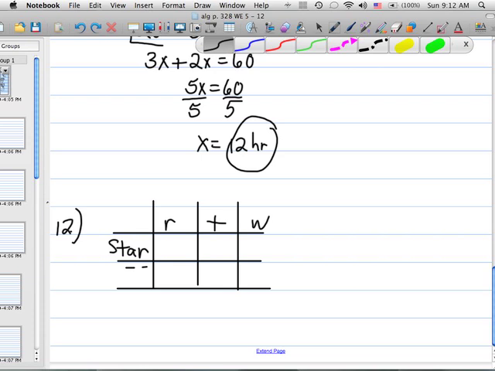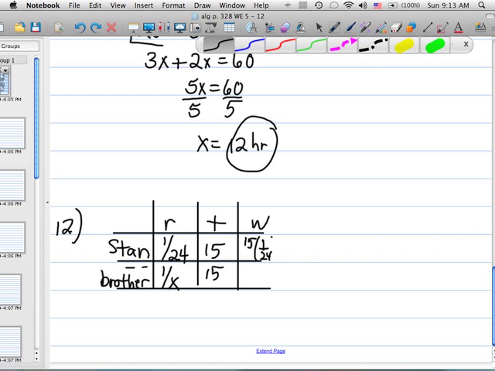If his brother helps and it takes them 15 minutes to load the truck, how long does it take Stan's brother working alone? So we have Stan and we have brother. Stan can load his truck in 24 minutes, so his work rate per minute is 1/24 of the job. His brother helps him, and it takes them a total of 15 minutes together to load the truck. So we don't know brother's work rate, so that's 1 over x.